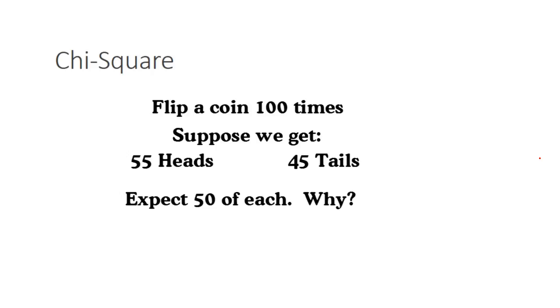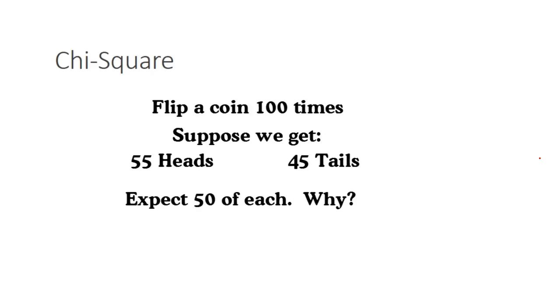So, suppose we flip a coin 100 times, and we get 55 heads and 45 tails. Does that mean because we didn't get 50-50 that coin is not a random coin? Remember that chi-square is this test of whether there's a pattern or not. Pattern can mean lots of things.